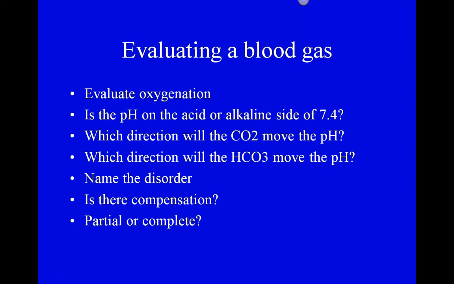Or if my bicarb is lower than it should be, which direction will that move the pH? Naming the disorder means see which of the systems matches the pH. Does the respiratory system match the pH? Are they both alkaline? Or is the metabolic system the one that matches the pH? I have a metabolic alkalosis. I name the disorder. I look to see if there's compensation. And compensation can either be uncompensated, partially compensated, or completely or fully compensated.